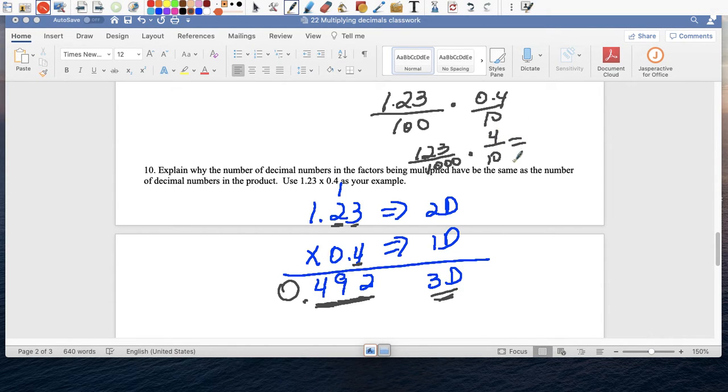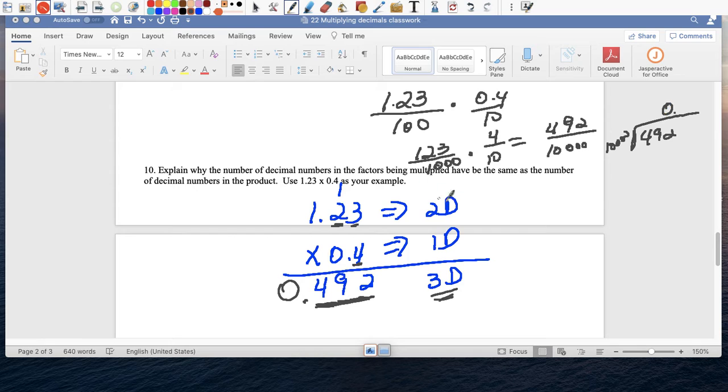Now when we multiply this, we actually get 492 on the top over 1,000 at the bottom. And if we divide 492 by 1,000, we end up getting 0.492.